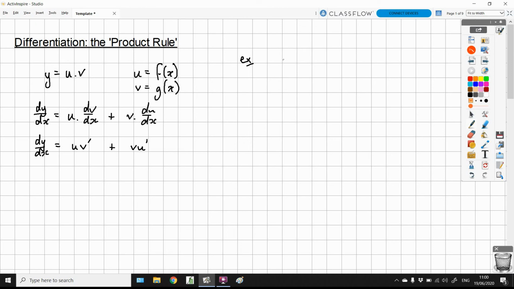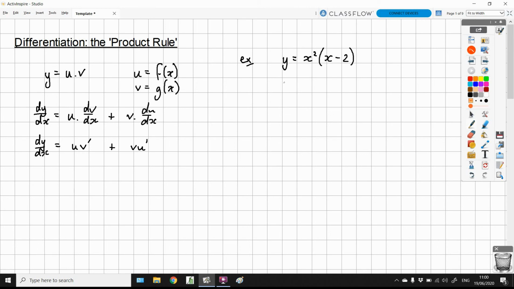Suppose you were asked to differentiate y equals x squared times x minus 2. Now, you could of course expand that, y equals x cubed minus 2x squared, and you could then differentiate it from first principles, the basic method of differentiation that you learned first.